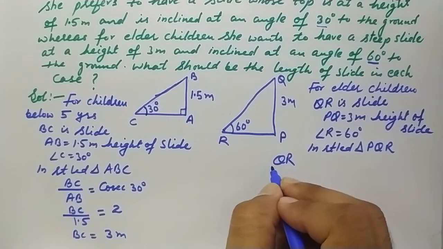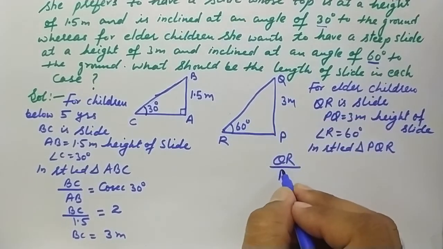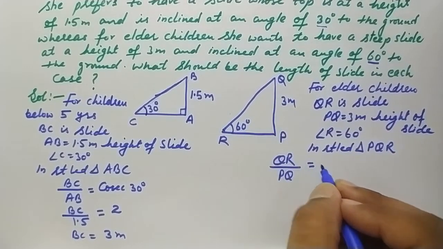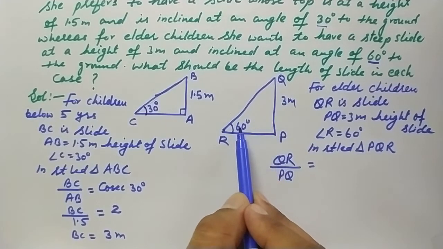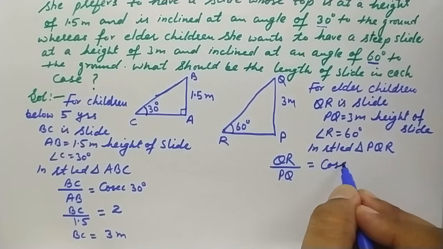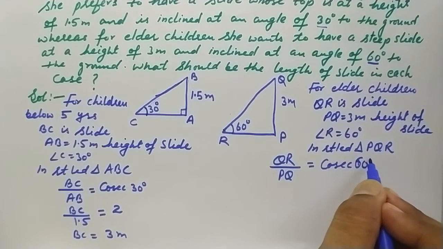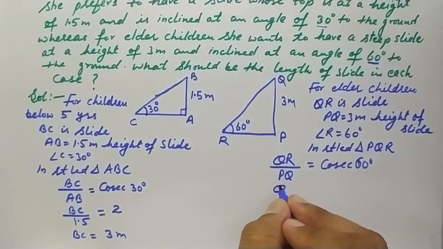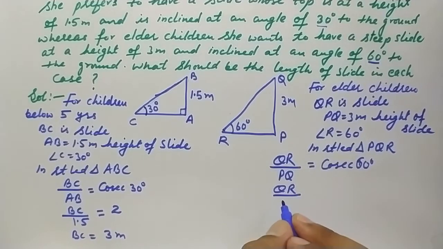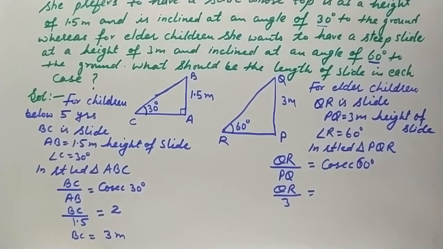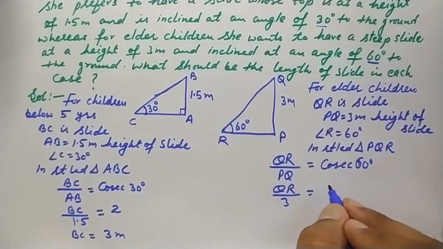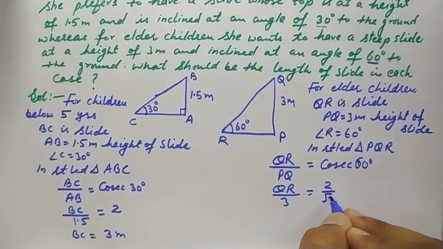So I'll write QR here over PQ, which is given, so PQ in the denominator, is equal to, again it is H over P, that is cosecant 60 degree. So it is cosecant 60 degree. Now QR is to be found out, PQ is 3 meter, and now cosecant 60. So sine 60 is root 3 by 2, so cosecant 60 is 2 by root 3, right?